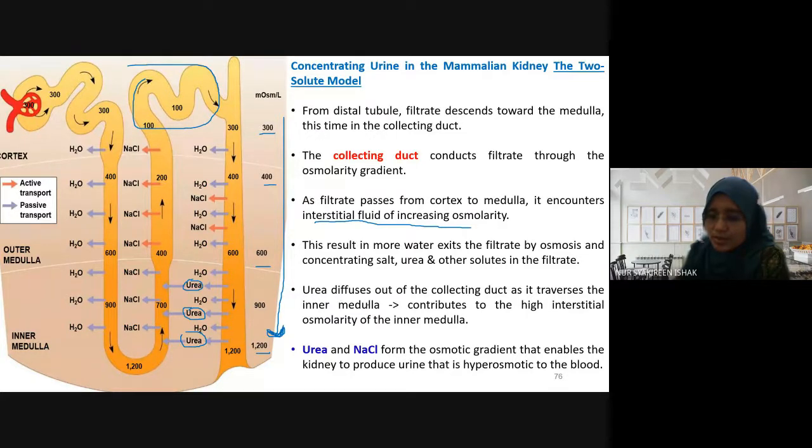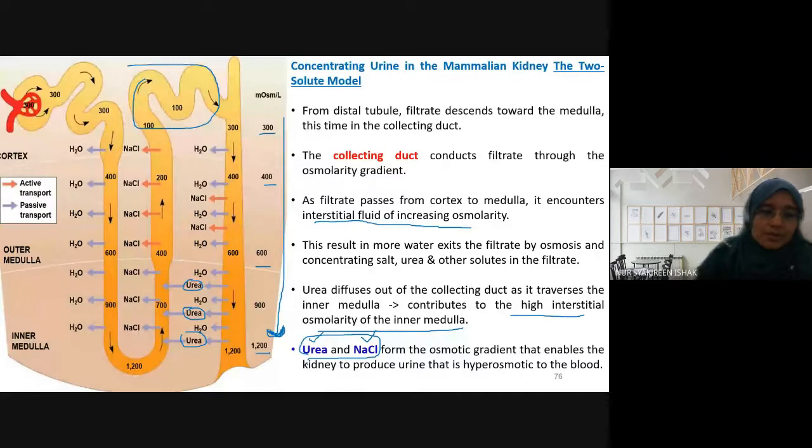So this contributes to the high interstitial osmolarity of the inner medulla. So these two solute, sebab tu kita nama proses ni sebagai two solute model, disebabkan oleh dua solute ni, urea and also sodium chloride, forms the osmotic gradient that enables the kidney to produce urine that is hyperosmotic to the blood.